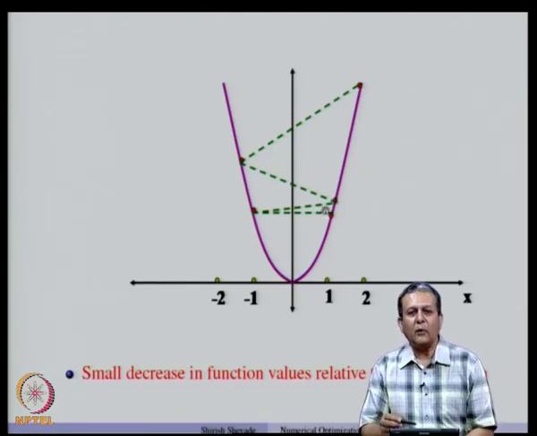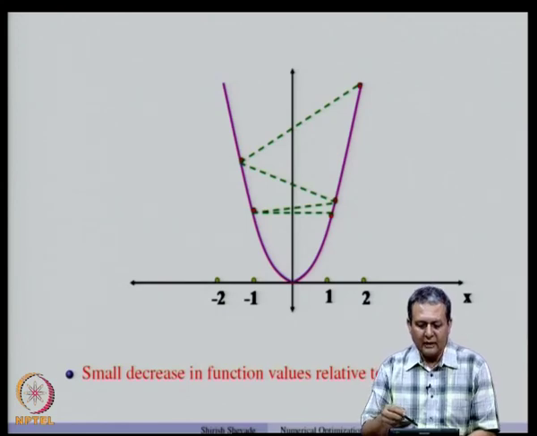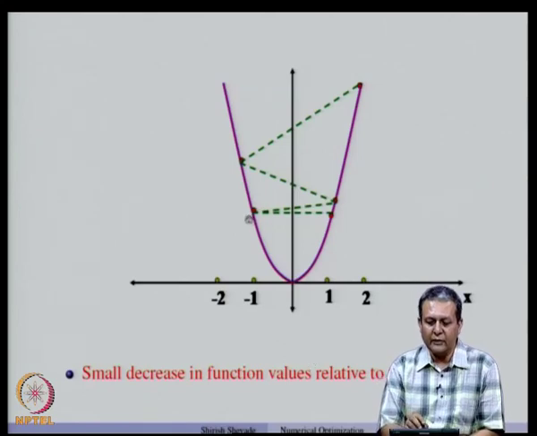Now, what is the problem here? The problem is that the decrease in function values is very small compared to the step length. You see that the step length that one takes is of the size close to 2, but the decrease in the function value is much smaller, and as k goes to infinity, the algorithm starts oscillating between plus 1 and minus 1.